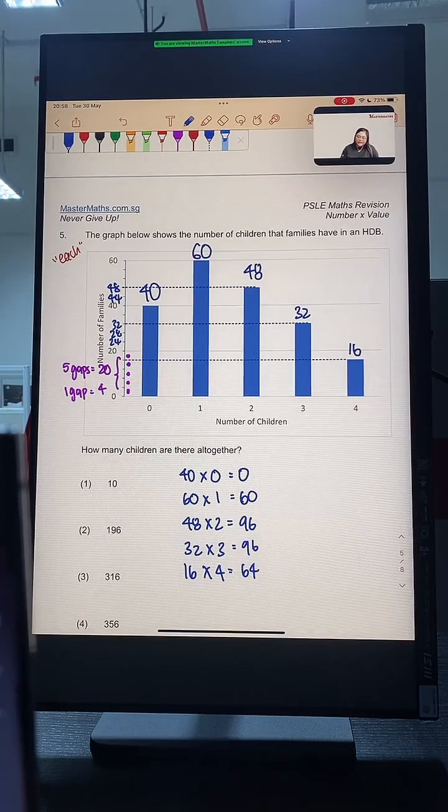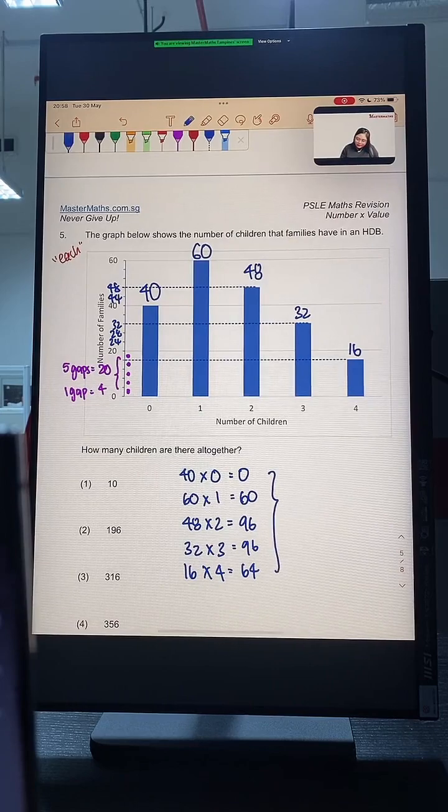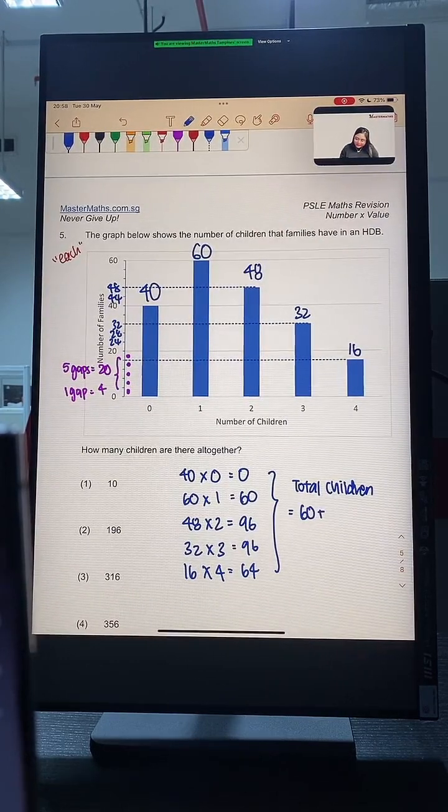With this, I can add all of them up to find the total children. This will be 60 plus 96 plus 96 plus 64, which will give us 316. Is that clear?